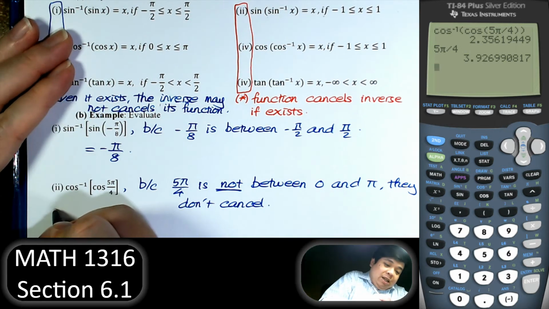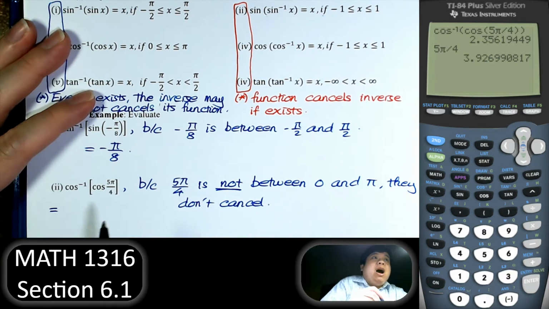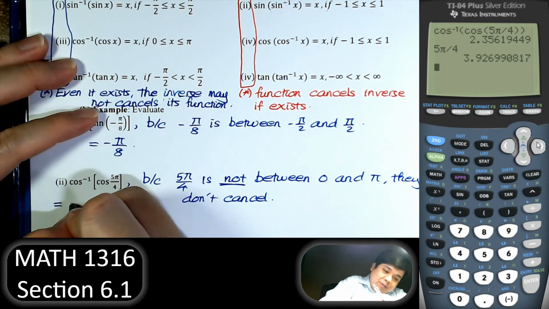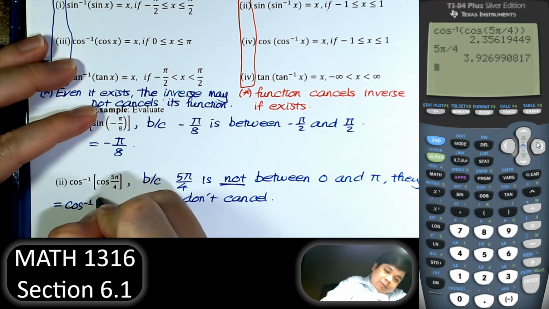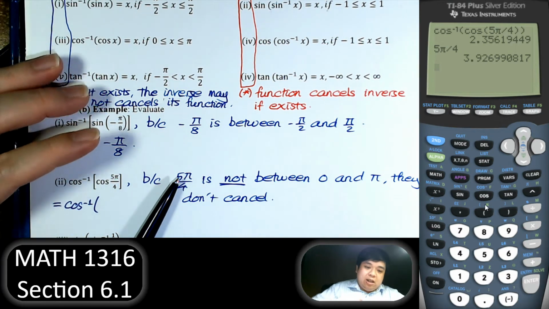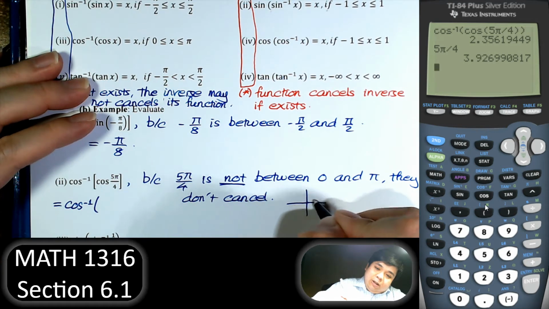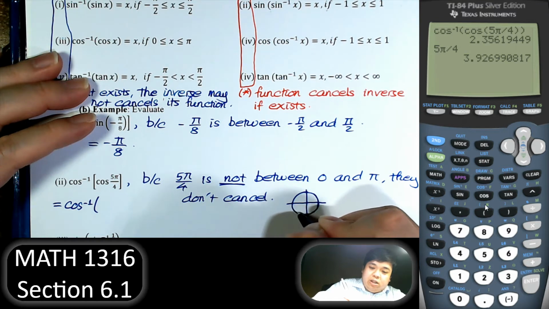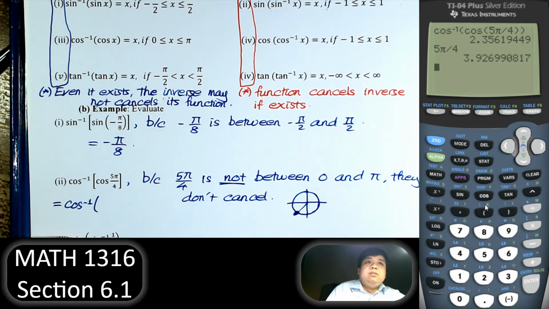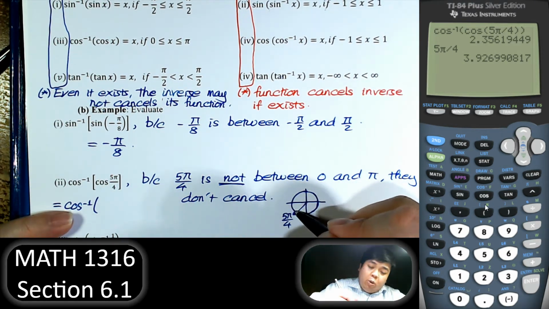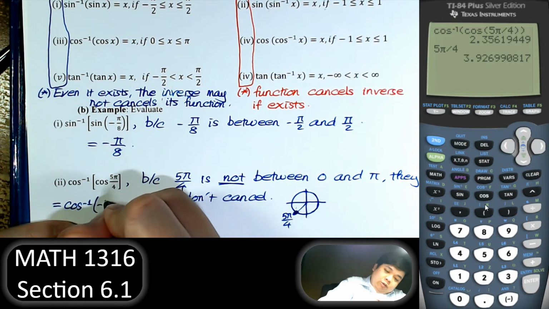Now, cosine 5 pi over 4, we just go ahead and do that. Cosine 5 pi over 4, what is that? Cosine 5 pi over 4 is negative square root of 2 over 2.